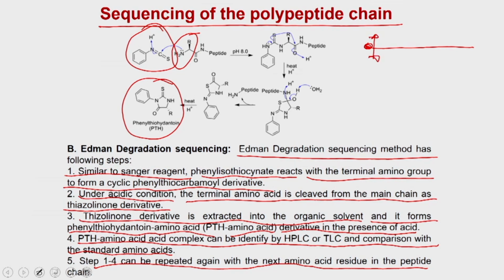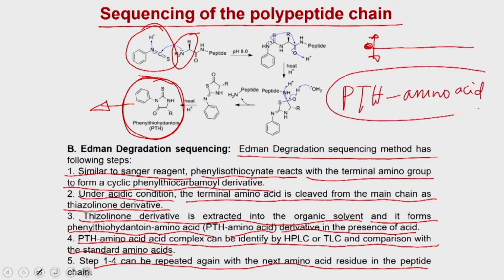If you extract this derivative into the organic solvent, it will form the PTH amino acid complex, and this is for the terminal amino acid or terminal residue. Now, what you have is the PTH amino acid complex.